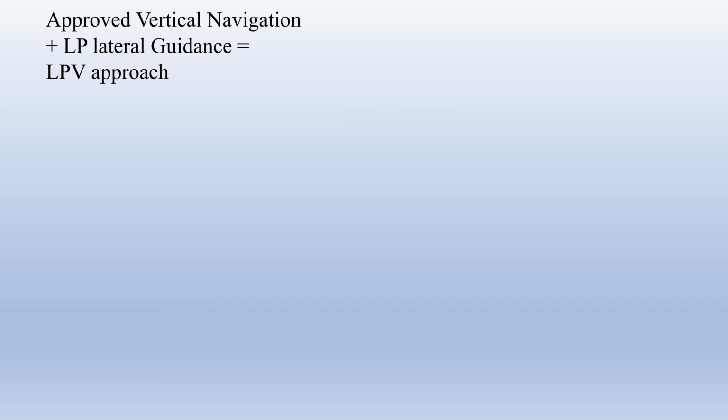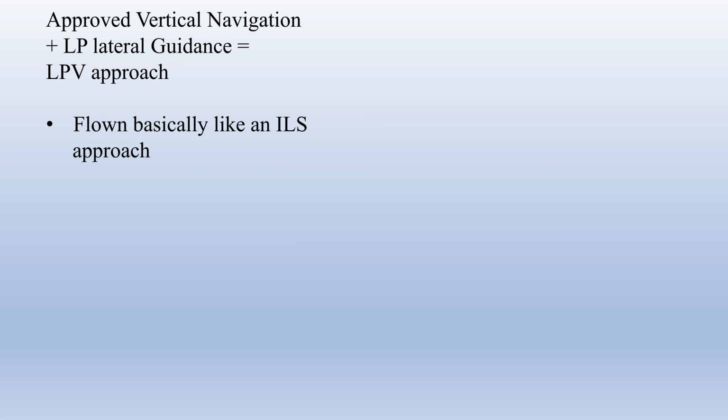When you combine approved vertical navigation with LP lateral guidance, you get an LP+V approach, which stands for Localizer Performance with Vertical Navigation. These approaches are flown basically like an ILS. You follow the lateral guidance provided by the GPS and fly the glide path that's generated by the GPS, very much like you would fly an ILS approach.